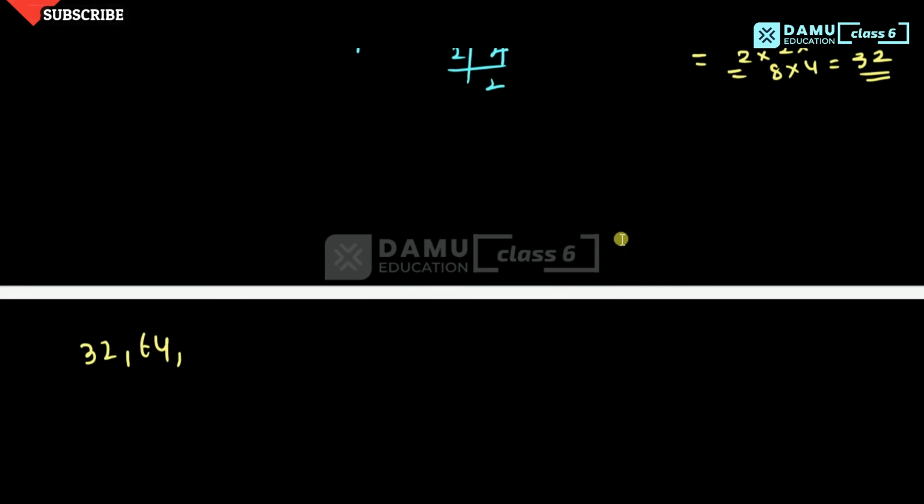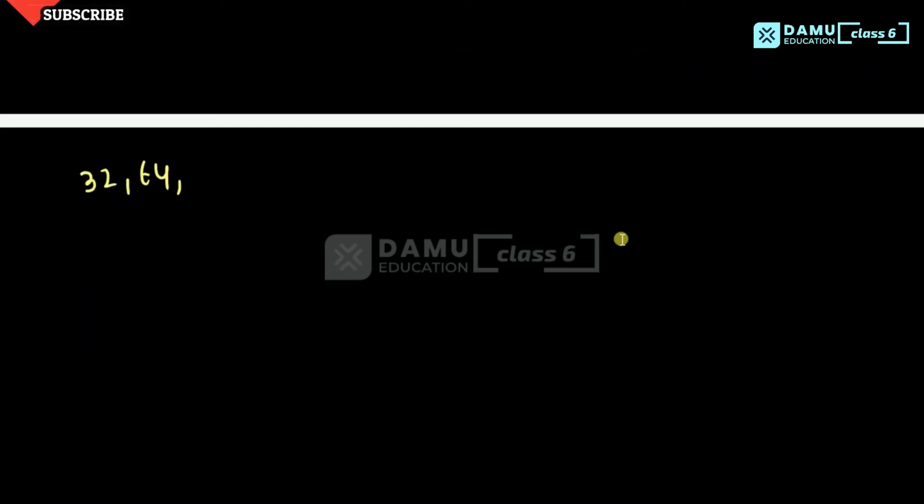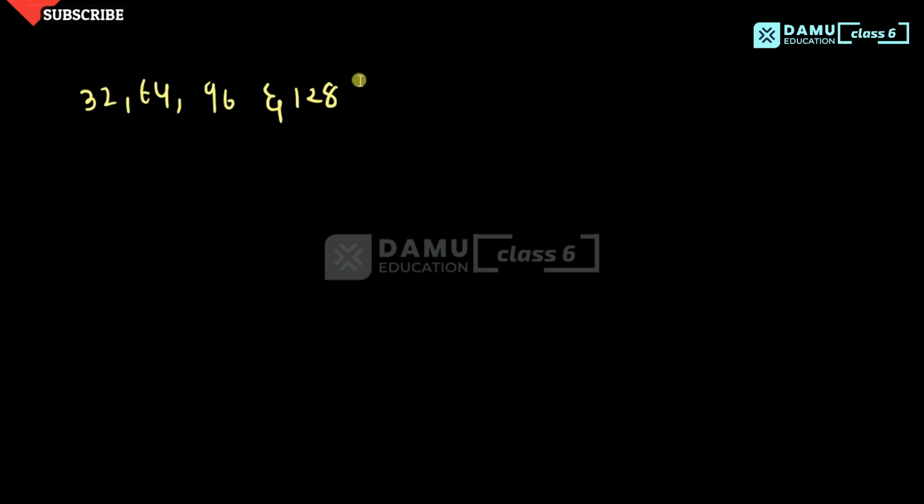Our next method: what are the numbers here? 32, 64, 96 and 128. So here the method is the continued division method. We have to divide all the numbers one by one.